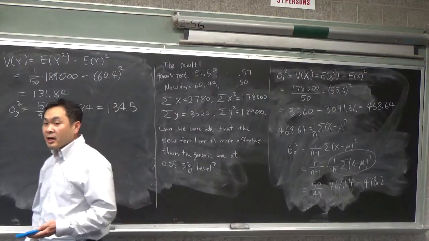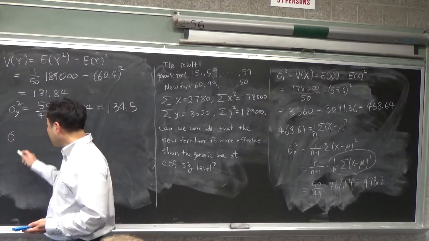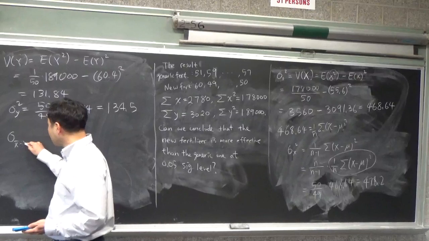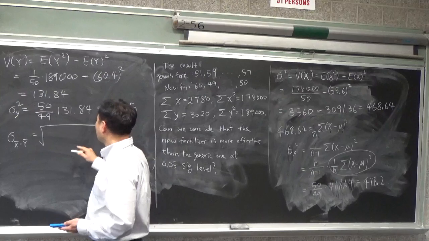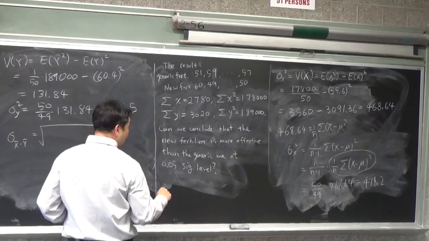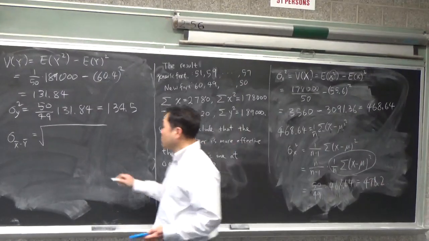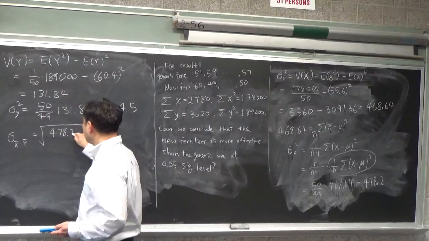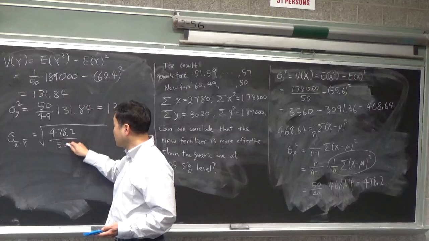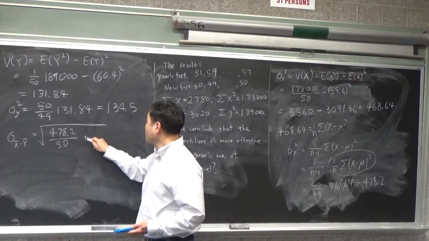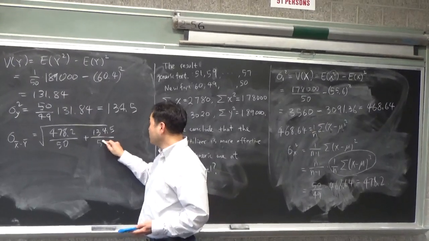All right, so now we are ready to calculate the standard deviation of the actual difference. So this is the standard deviation of x bar minus y bar, which is the square root of the first variance, 478.2, divided by the number of samples that you used, which is 50 here, plus 134.5 divided by 50.